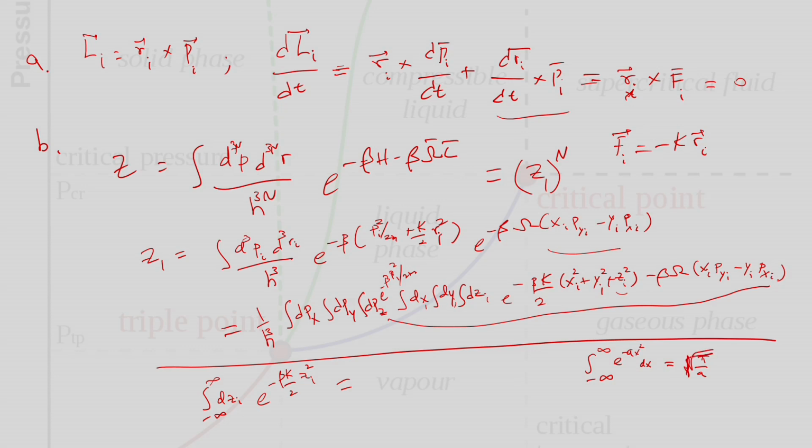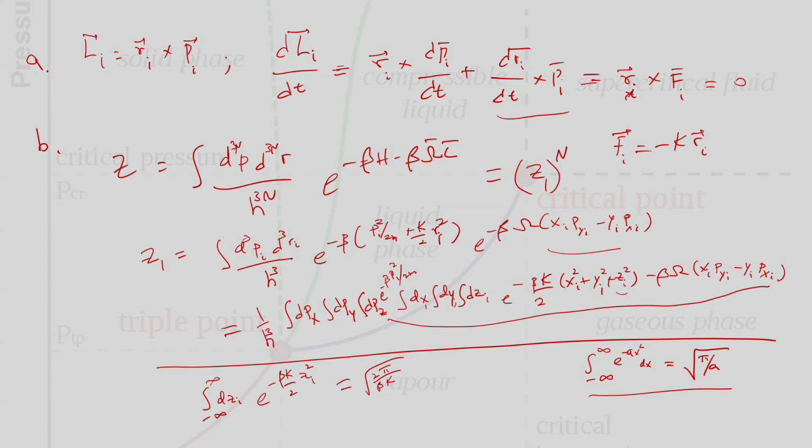So, this is square root of pi over a. Well, you can either look this up, or this is a very standard integration. So, I am going to write this as square root of 2 pi over beta k. This is the answer for that.